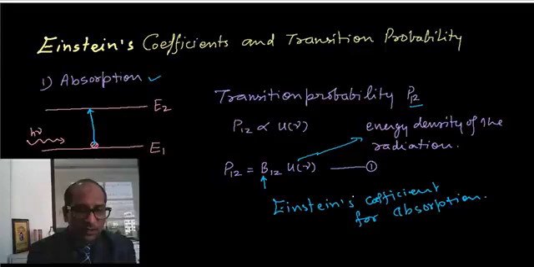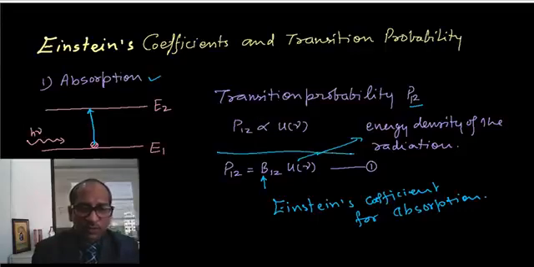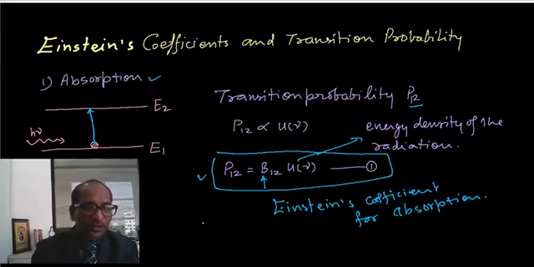And what information these Einstein coefficients contain, I will discuss in the third process. So the main point is that the transition probability in case of absorption is this one.